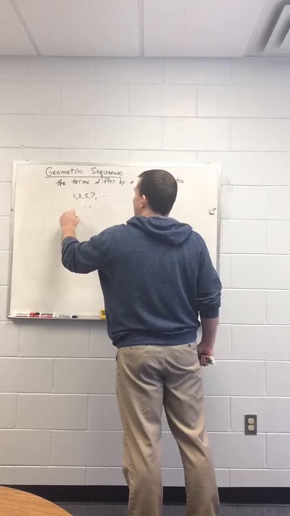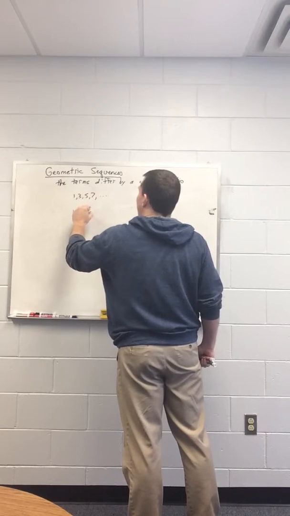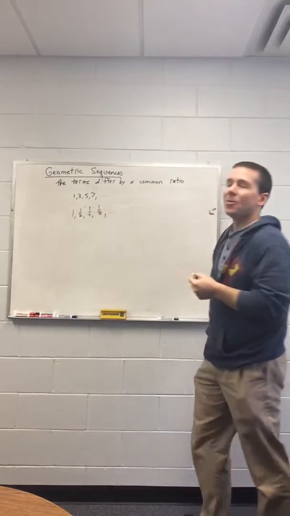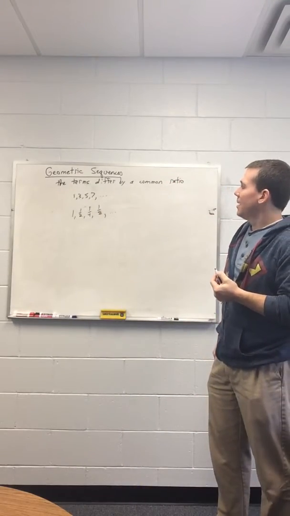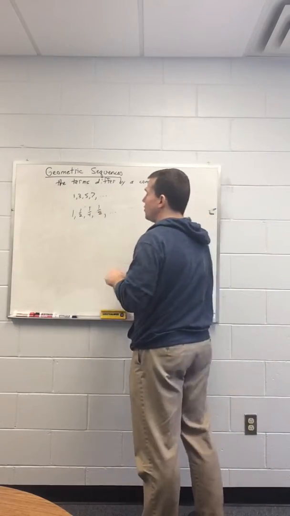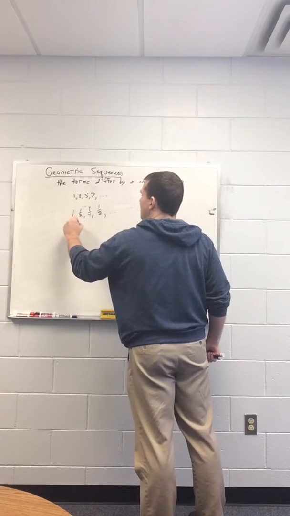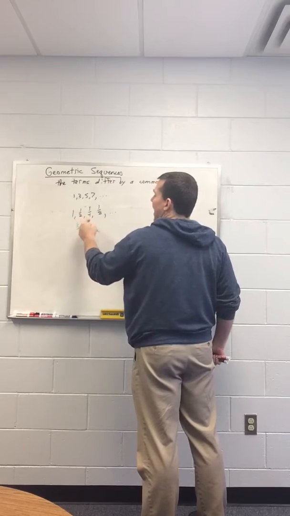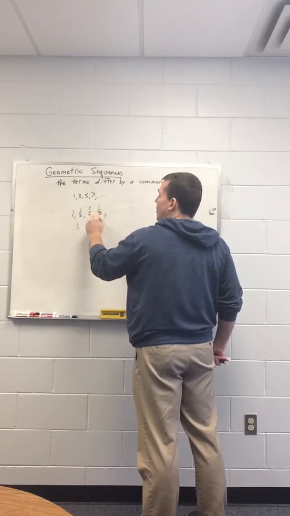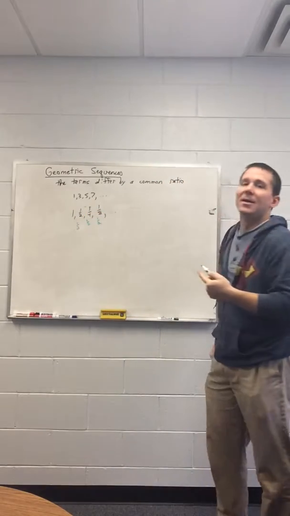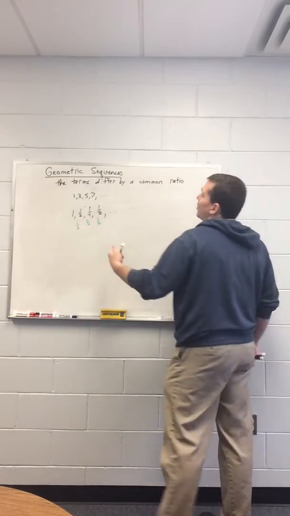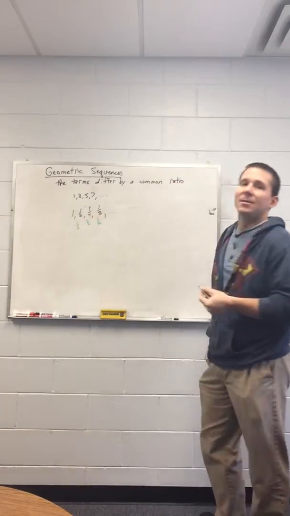So we might have something like 1, 1/2, 1/4, 1/8, and so on. How do you turn 1 into 1/2? You multiply by 1/2. How do you turn 1/2 into 1/4? You multiply by 1/2. How do you turn 1/4 into 1/8? You multiply by 1/2. So you're multiplying by the same ratio each time, which means this is geometric.